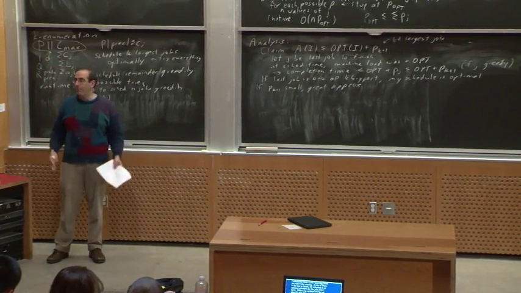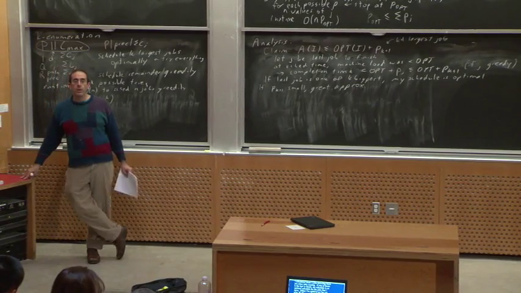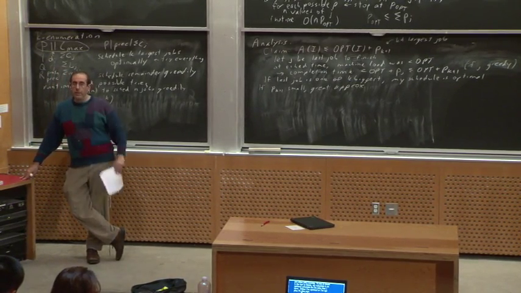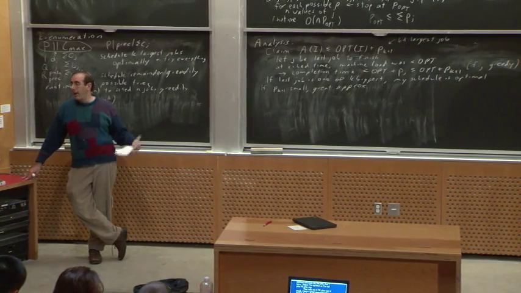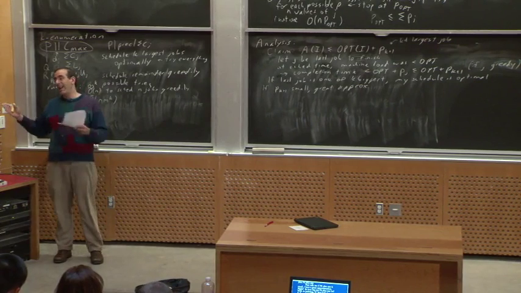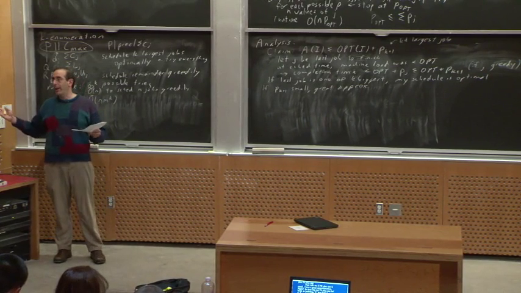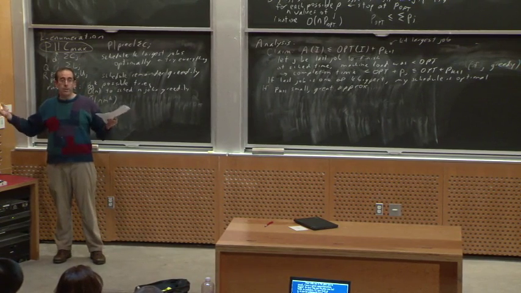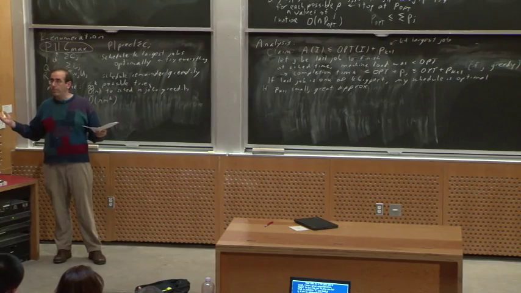But what does it tell me if pk plus 1 is large? Yeah? The k other jobs are at least that big. So however big pk plus 1 is, I have at least k jobs that are bigger, or as big. And what do I know if I have a bunch of really big jobs? Well, that can be used to lower bound the optimum.